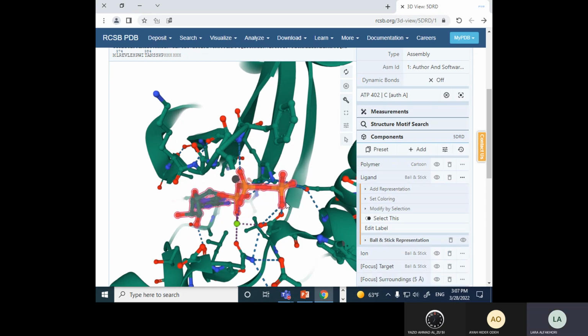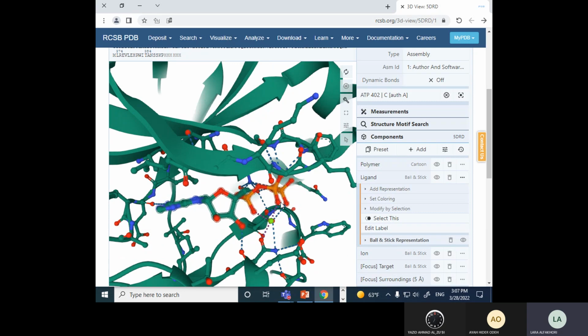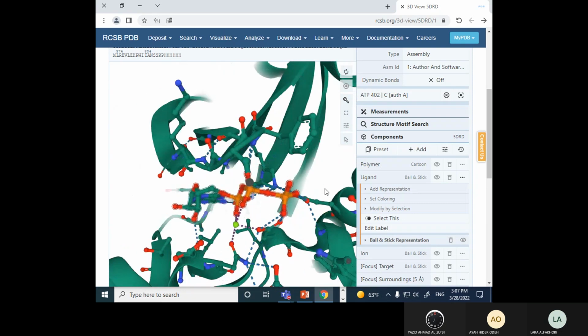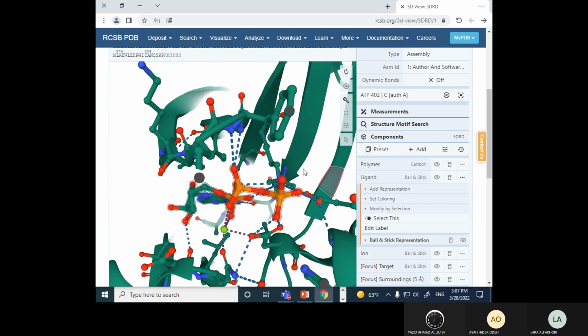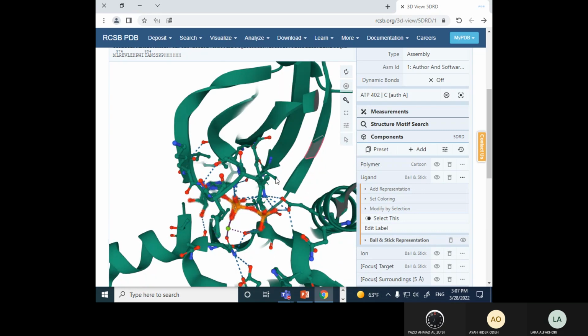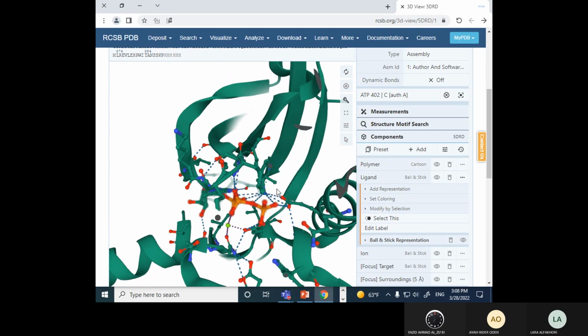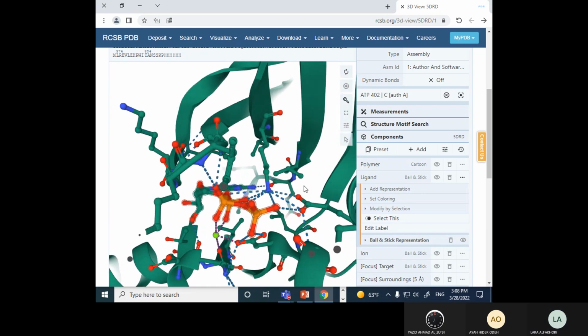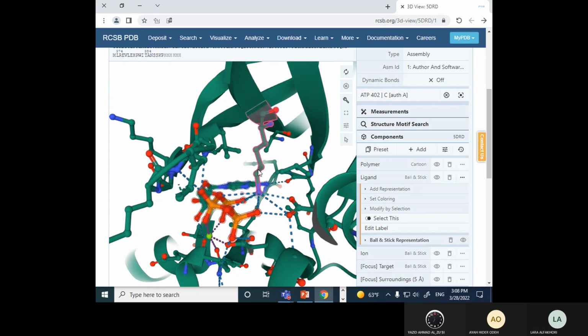اوكي، بس بدي افرجيكم اللي هم التو امينو اسيدز اللي حكيت لكم conserved in all kinases اللي هم okay this one in here شايفينها this one that's lysine and that's the glutamic acid that is protruding from the C helix. ولاحظوا الانتراكشنز اللي عاملينهم together along with the phosphates of the ATP.